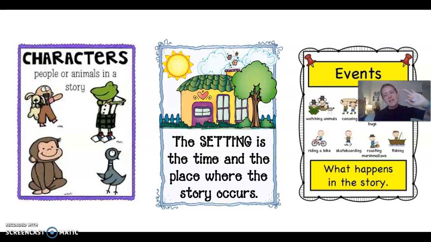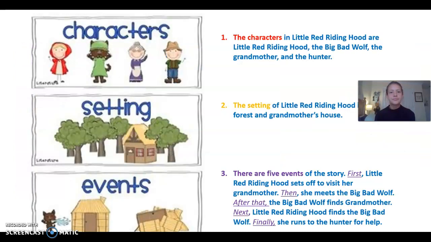First, this happened. Next, this happened. Then this happened. After that, this happened. And finally, this happened. So we talk about how the characters and the settings and the events, we use those to retell our stories to people so that they know, without reading it, what happened in the story and how interesting it was.